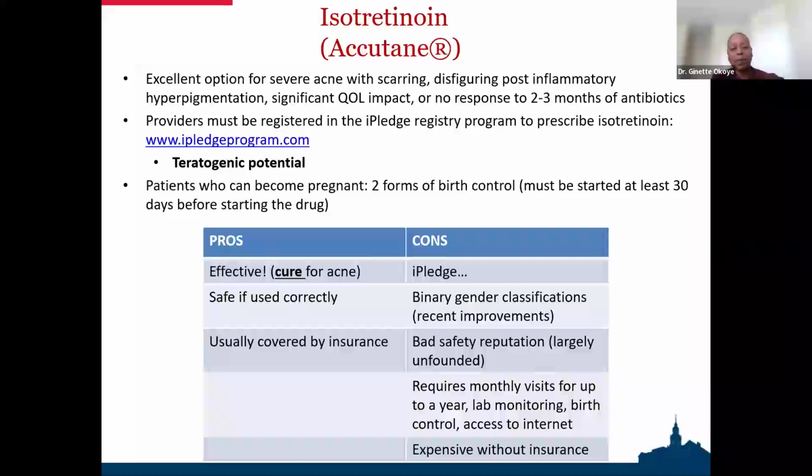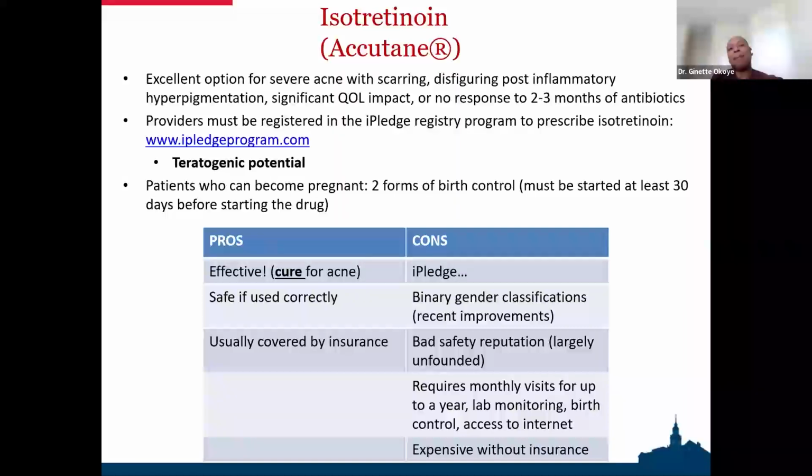And that increases the risk of them having to do another course if the acne recurs. But if you get to 220 milligrams per kilogram total, chances are that acne is never coming back. And that's pretty cool. The other major advantage of isotretinoin is it's pretty safe if used correctly.